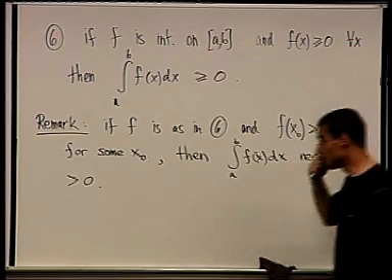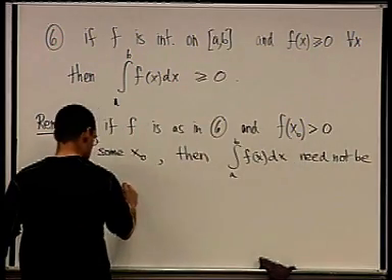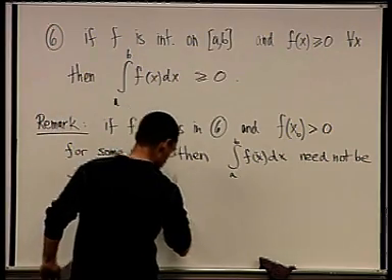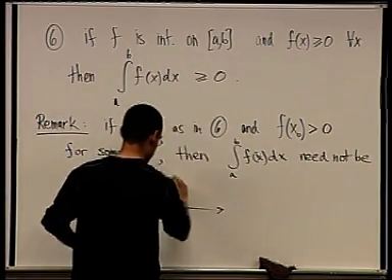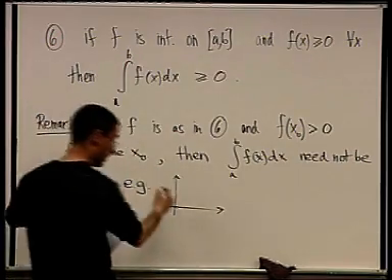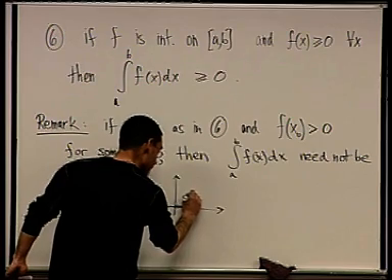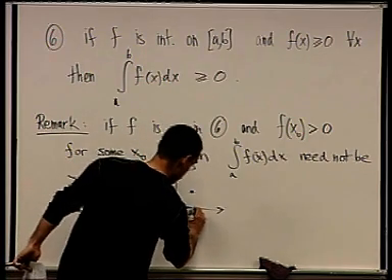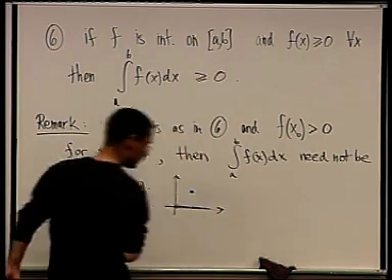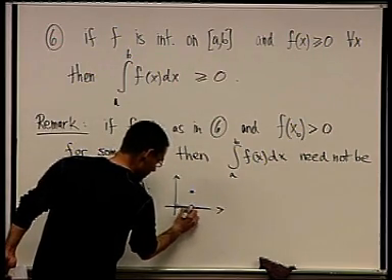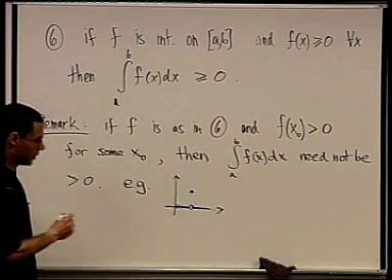For example, you can have a function that looks like it's 0 everywhere, except maybe at one tiny little point here where it's actually positive. There's an empty hole here. Here's your function. Can you see it?